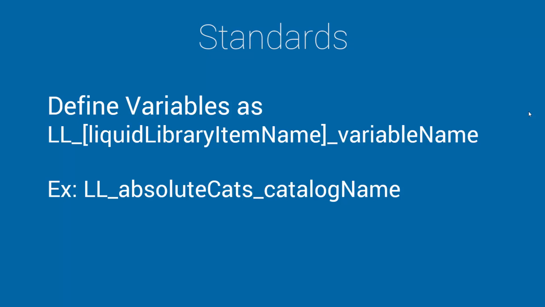So with this convention, we think it's very unlikely that you're going to have a conflict of your variable names. So we have capital LL, so liquid library, then underscore, and then the name of the liquid library item. So in this case, we're talking about absolute cats, and then underscore the variable name. And then in this particular example, we're talking about catalog name.